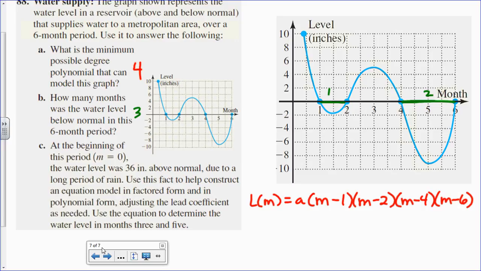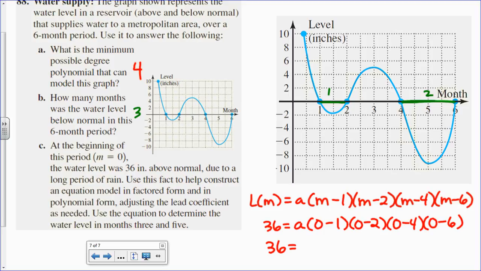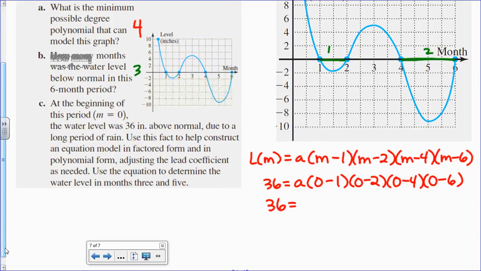Now to find A, I'm going to use this (0, 36) here. So I'm going to plug 0 in for what? M. And I'm going to plug 36 in for L. And that will give me, help me find A. Okay, so you should get 48.